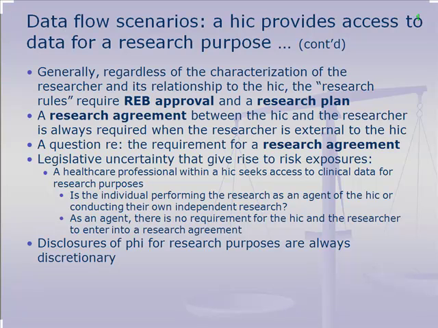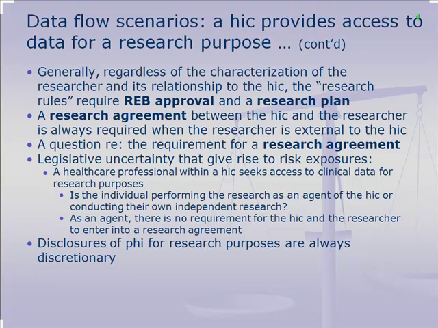So say you have an individual working within a hospital, and they want to use some of the hospital clinical data for a research purpose. It will be a use if the research being performed is on behalf of the hospital itself. In that case, the researcher is considered to be part of the HIC, so an agreement is not required.